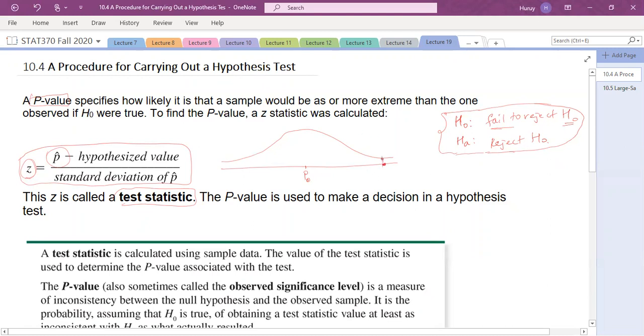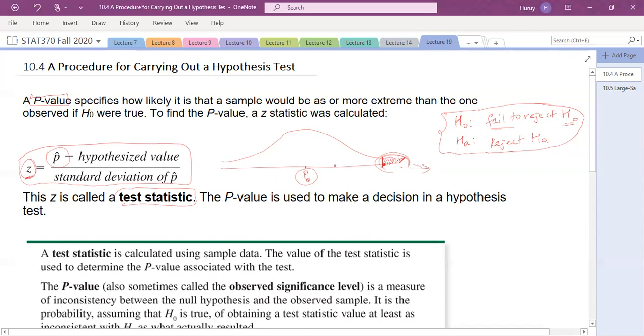And now we are looking at this area. Given that the population parameter is p sub 0, if it is true, then how likely is it to find a sample which results in a value something like this? Is it surprising? If this probability, the p-value, is very small, which means this Z is far enough from the center, then the area is getting smaller and smaller as we push the Z to the right or to the left, of course.